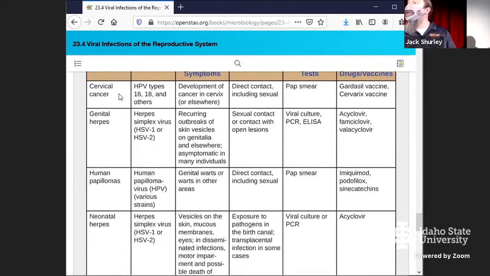With that said, I mentioned there are other cancers as well. They could fit within this category, but cervical cancer is definitely more common, all right? Transmission is direct contact, sexual contact typically. Pap smears are used to diagnose, and then there are some vaccines, Gardasil and Cervarix.